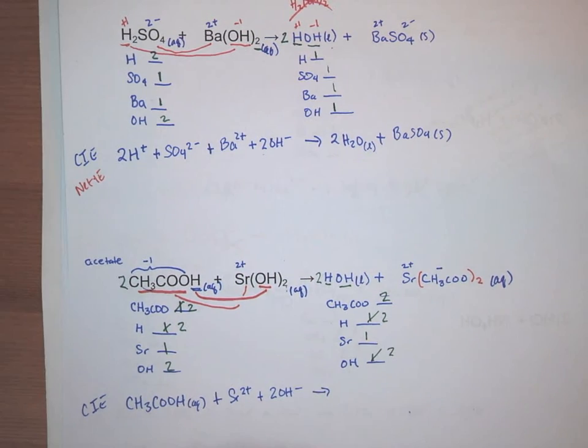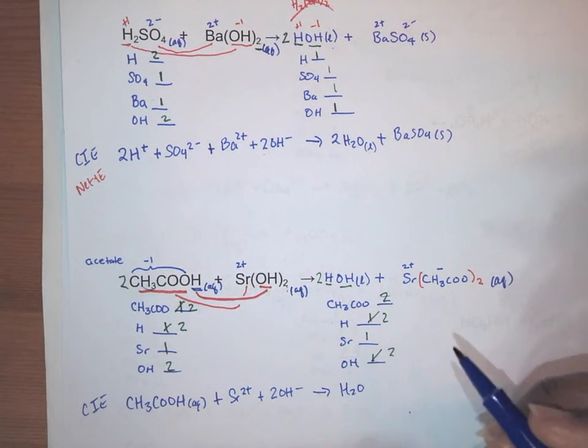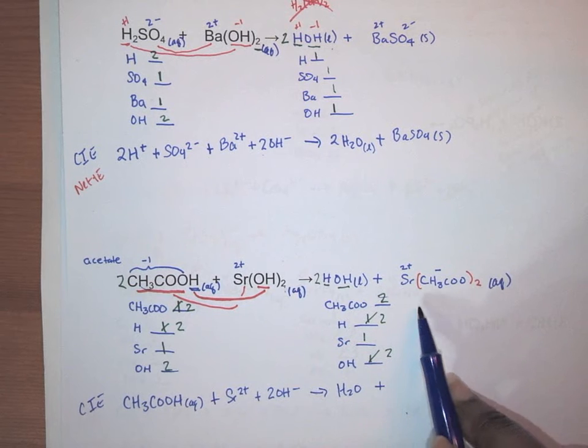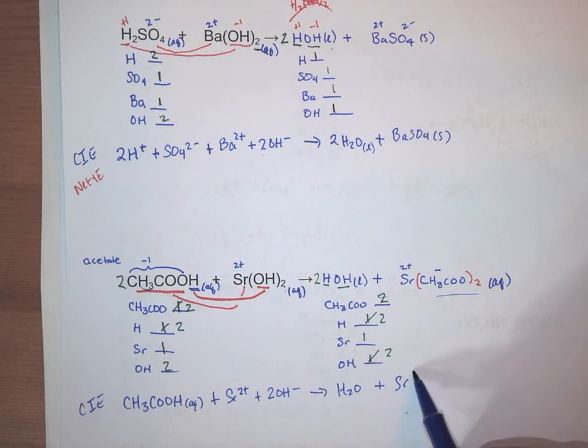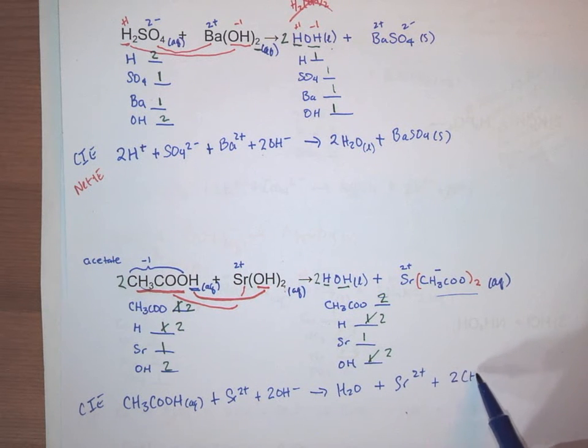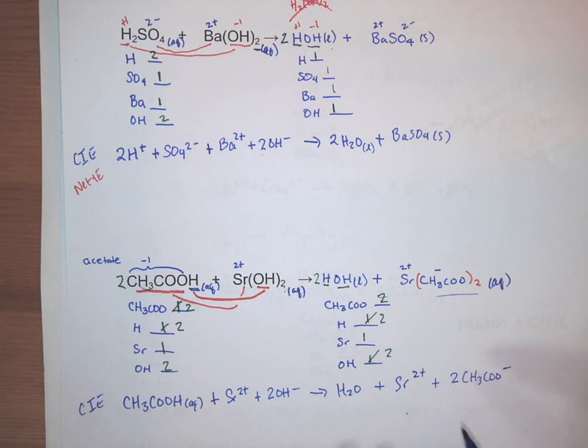Water, can we break it apart? Absolutely not. It's a liquid. We never break apart water. So water always comes down as H2O. And then here, this is aqueous as well. This ionic compound is aqueous. So I split that apart into ions. And once again, that subscript for the acetate becomes its coefficient.